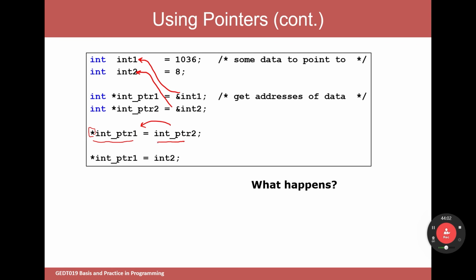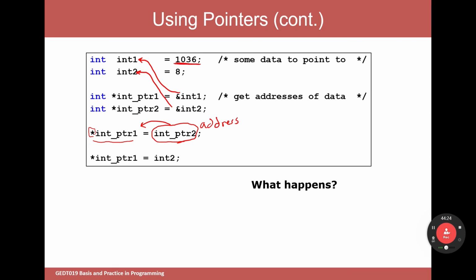What is the value? I am giving the value of int ptr2. The value of a pointer is always an address, all the time. That means I am giving the address of this one to int ptr1. Int ptr1 is this one. So that means here there will be some address.